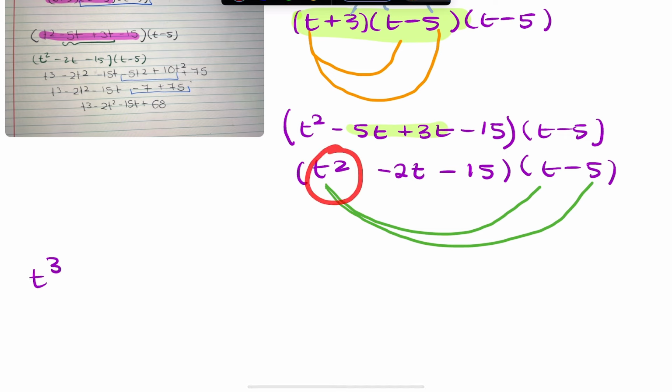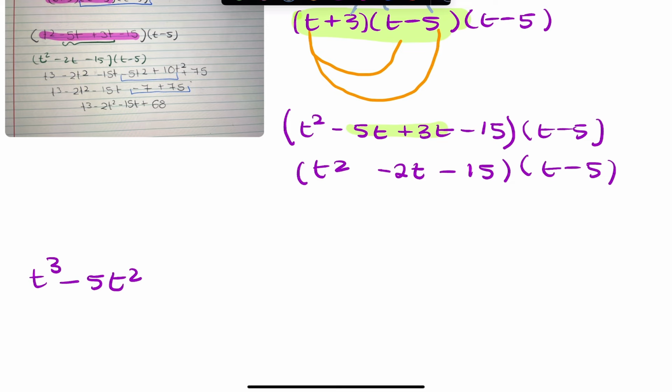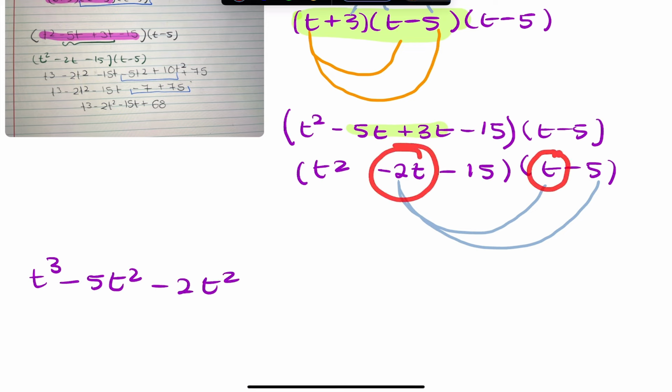And then t squared multiplied by minus 5 will give you minus 5t squared. Then you multiply the second term by both of these. So you get minus 2t squared. That's negative 2 multiplied by t, minus 2t squared.